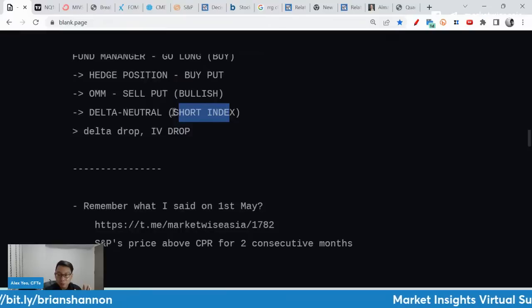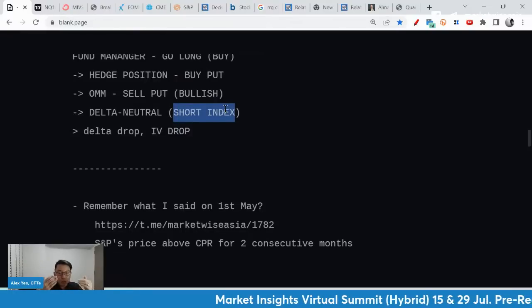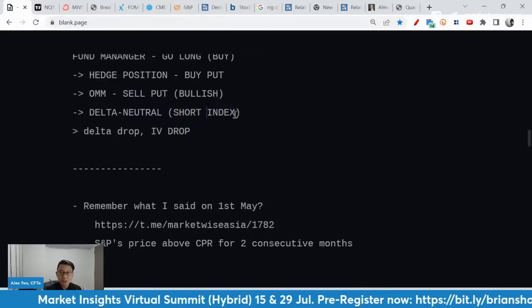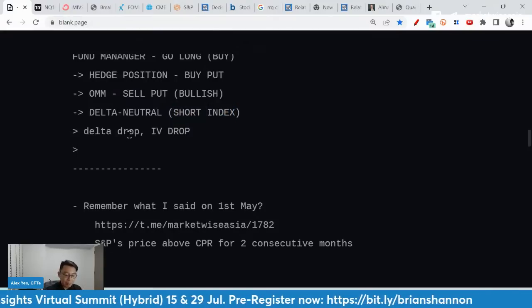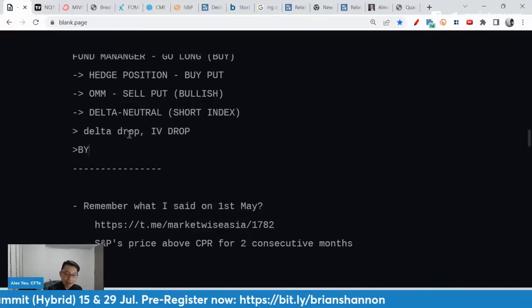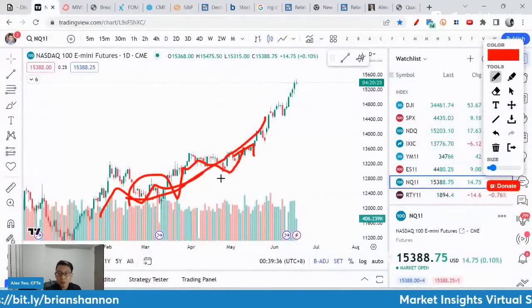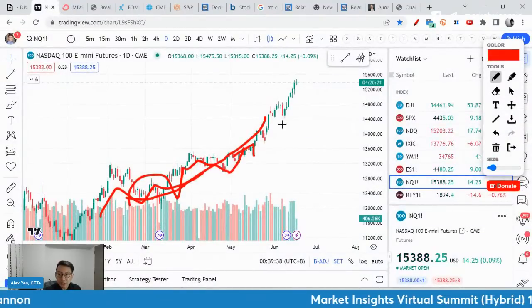So when they have a short position on the index nearing the expiry date, they need to cover. When you cover your short position, you are actually buying back the indexes. And because they accumulated so much along the way, nearing the options expiry date, they buy back.